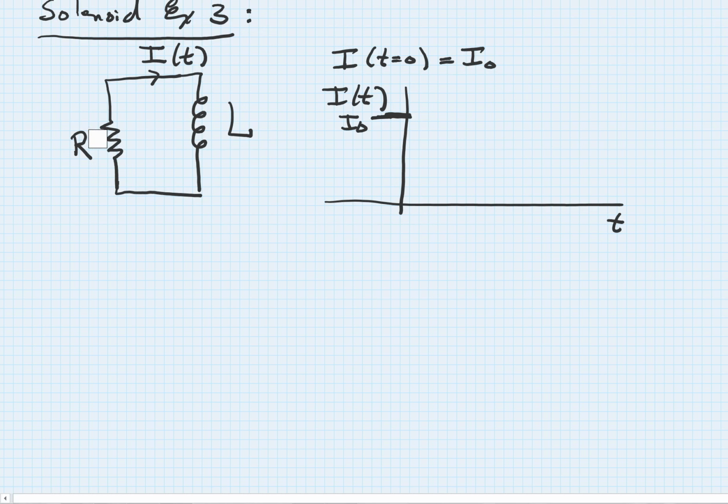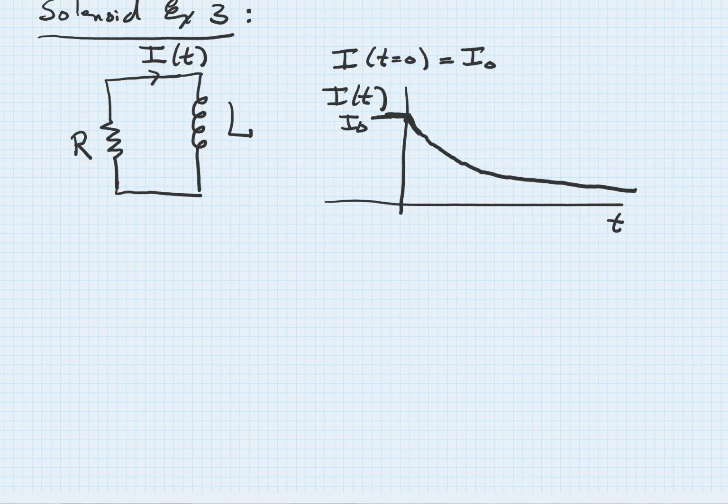But initially it has to have the same value. It has to be continuous. So it's going to start wanting to decrease, but it has to come in here continuously. And if we think about it, you might realize that this is probably going to decay down towards 0 with some particular type of decay behavior.